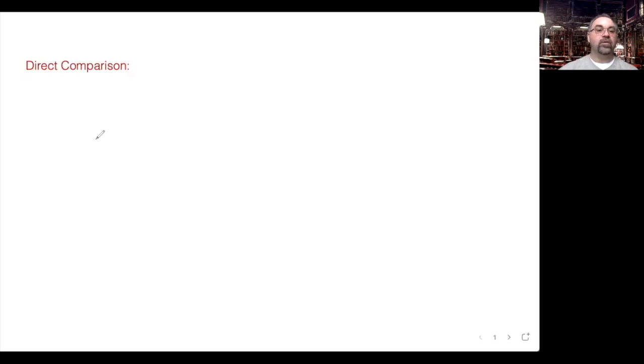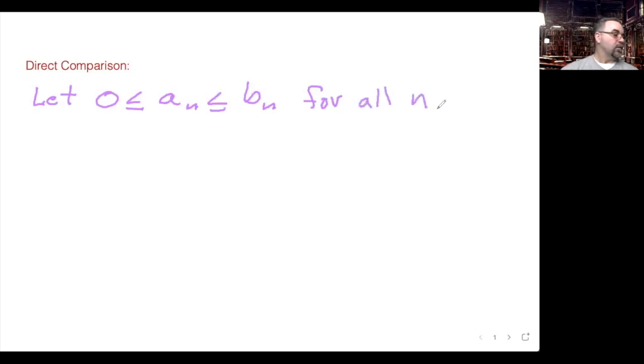We've got two sequences, A sub n and B sub n. And here's what we know. If we let 0 be less than A sub n less than B sub n, and for right now, I'm going to say this is true for all n, we can tell two things here.